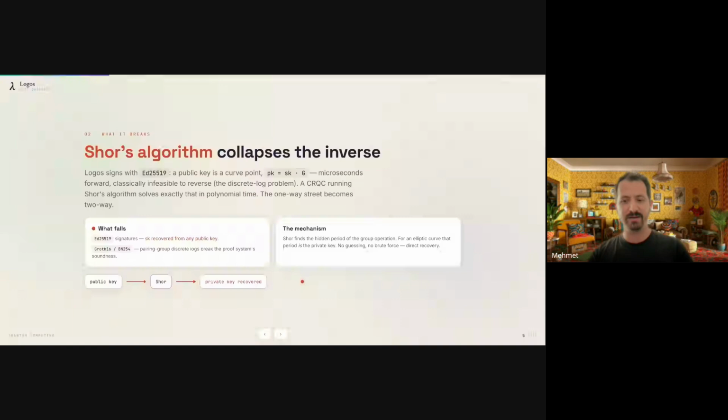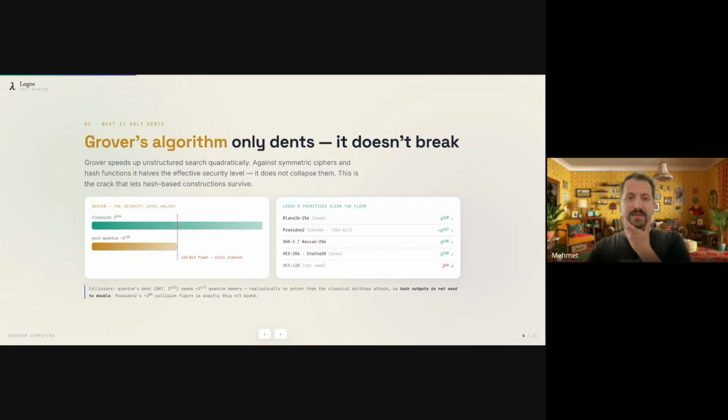For every classical asymmetric cryptography, Shor's algorithm is a really big threat. The threat is that everyone can use that algorithm to see your private key if they see your public key or signatures. The other algorithm, Grover's algorithm, is a threat to symmetric cryptography and hash functions.